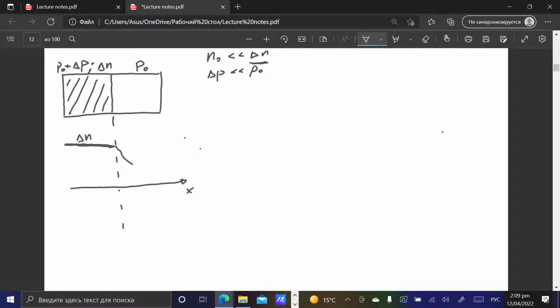And then there will be some profile of how these minority charge carriers diffuse into the neutral region of this sample, meaning the region which is not under illumination. So our goal is to understand what this profile of minority charge carrier distribution in the dark part of the semiconductor will be.